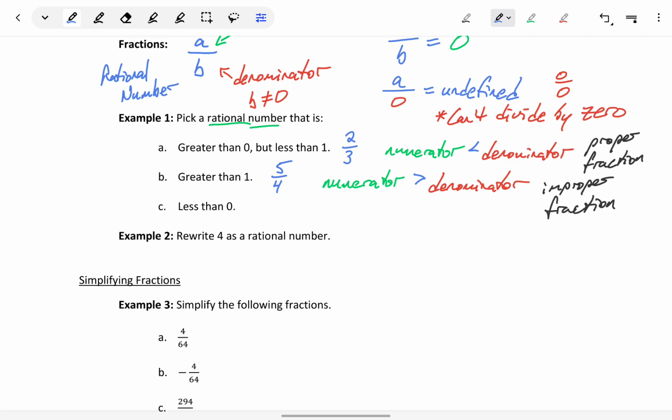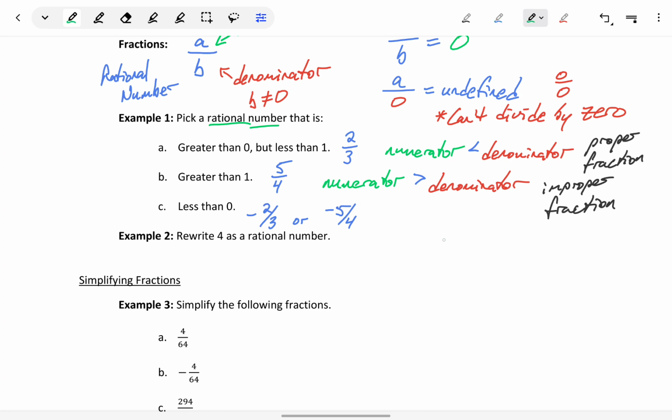We can also pick a rational number that's less than 0, something like -2/3, or say -5/4, calling back on either of the answers we gave in parts A and B. But we do need to mention something about how negatives connect to or work with fractions.